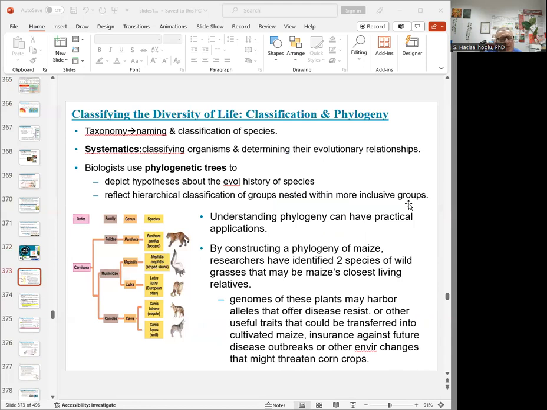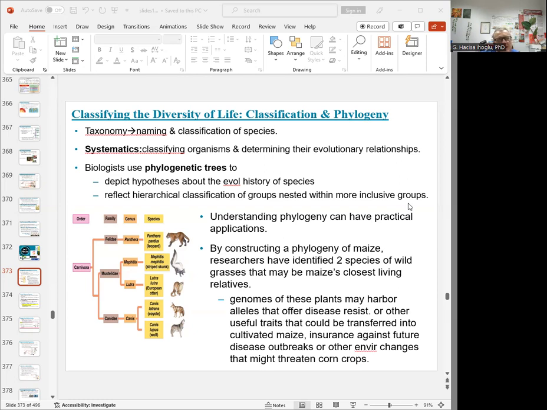Also, in this chapter there is some information about systematics. Systematics is a combination of taxonomy plus phylogenetics. Phylogenetics, or phylogeny, is the evolutionary relationship between organisms. Systematics started with Carl Linnaeus in the 1780s, with his two books in which he classified and named more than 5,000 species.